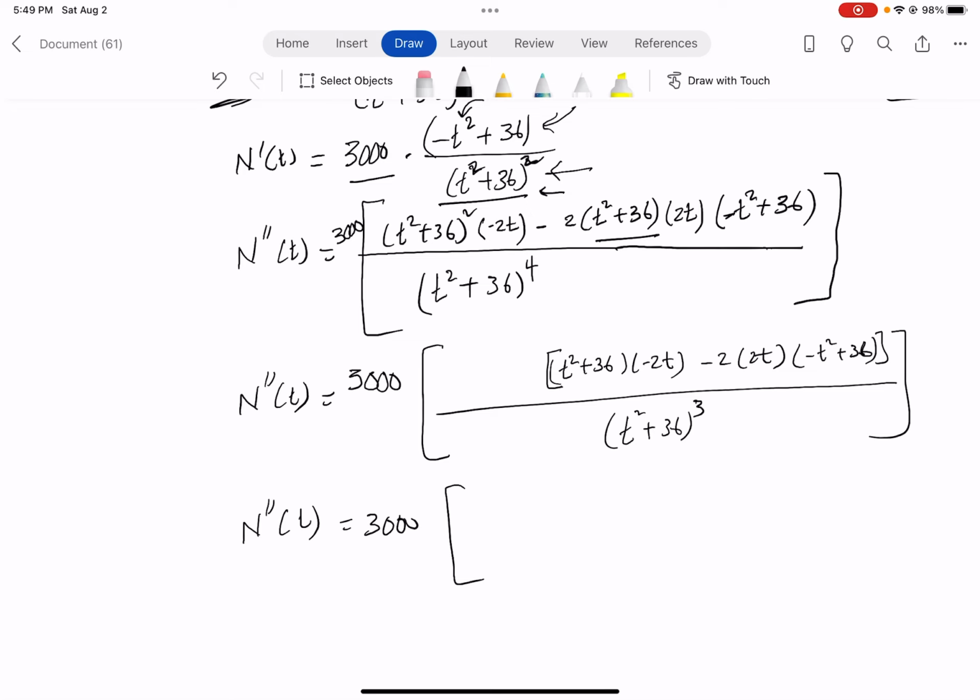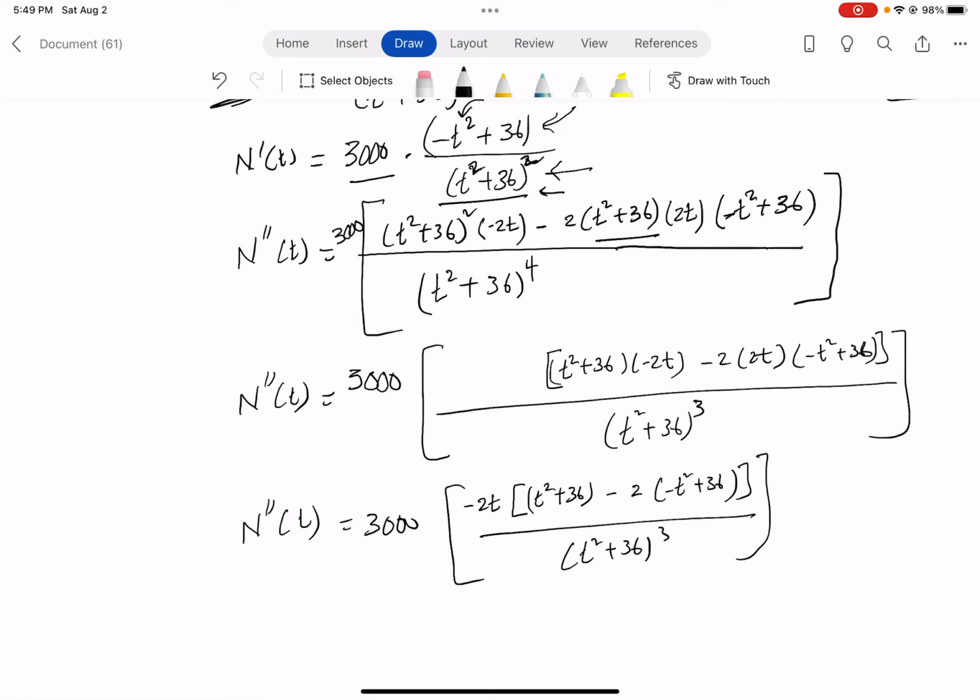If you take minus 2t, t squared plus 36, and you take minus 2t from the other side, so it is 2 times minus t squared plus 36, the whole thing over t squared plus 36 cubed.